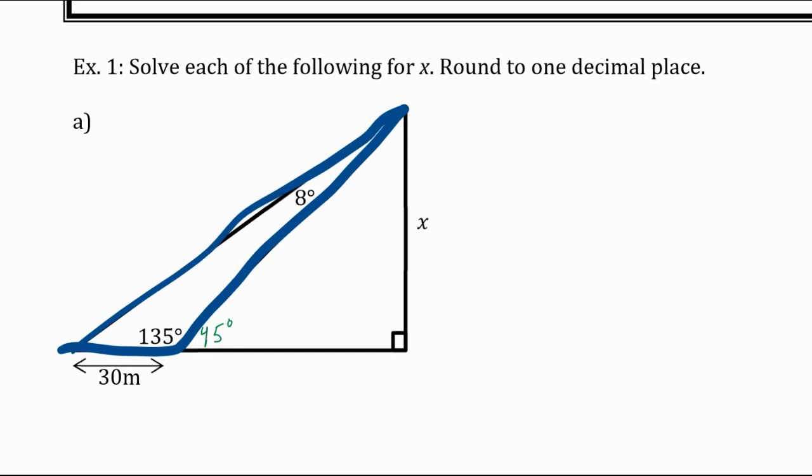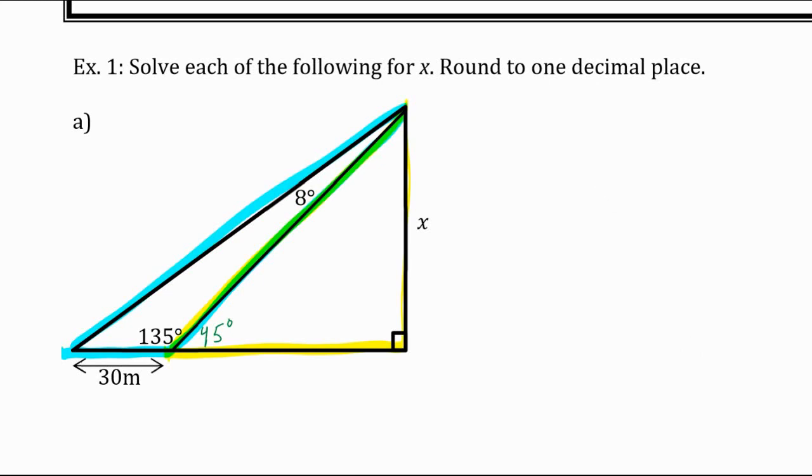And this triangle shares a side length with this triangle, right? So if I trace out that triangle and then I trace out this triangle, look what happens. They share that middle side length.